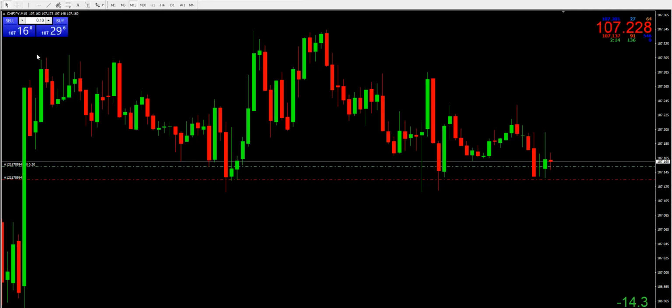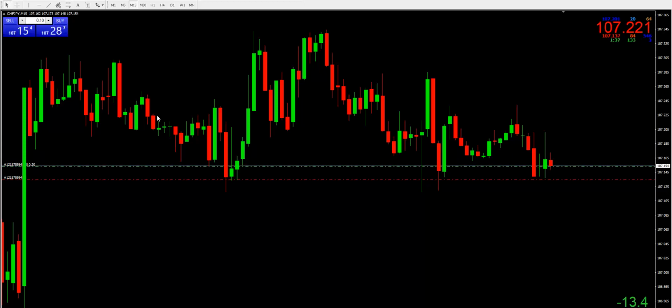Mind you, this is more or less the beginning of the Asian session, or to be more precise, the Australian session, because it is about 10:43 or so p.m. UK time, which basically means there was a switch from the US session to the Aussie session, or if you want to call it the Asian session. There was a changeover of market sessions in the last 43 minutes or so.